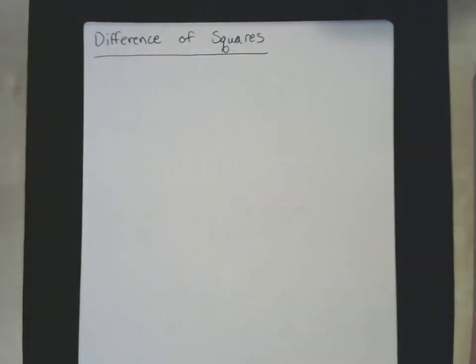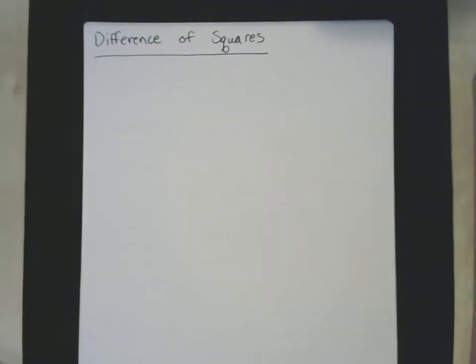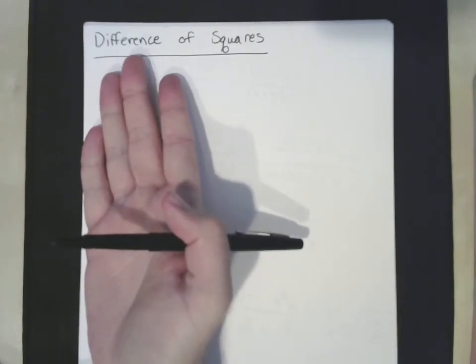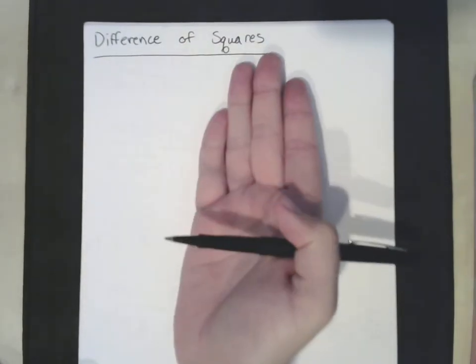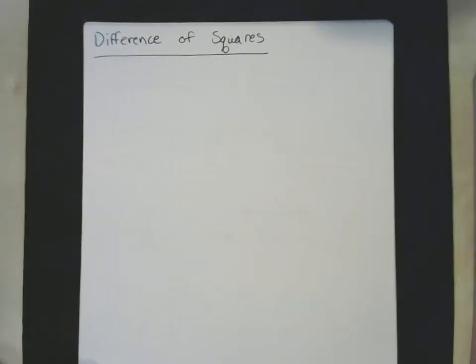And this does not have two forms, this only has one form. And you'll hear me say this a lot in these lectures, but mathematicians are lazy. What I mean by that is we name things to help us remember what they are. So a difference, that is the technical term for subtraction, and squares literally refers to perfect squares. So we are subtracting two perfect squares.